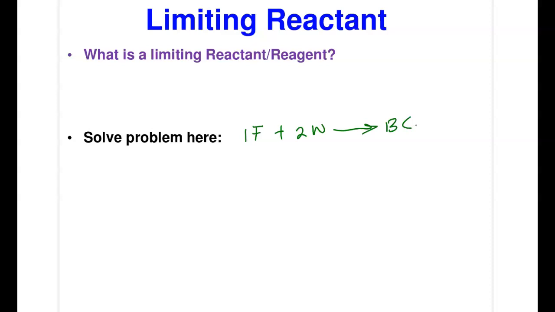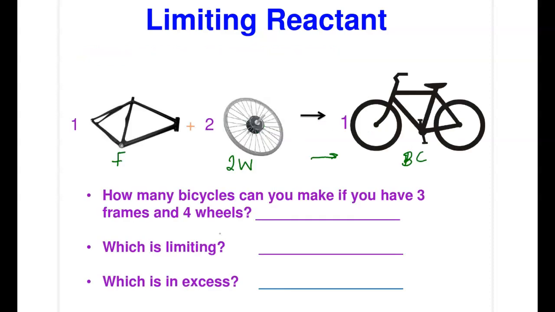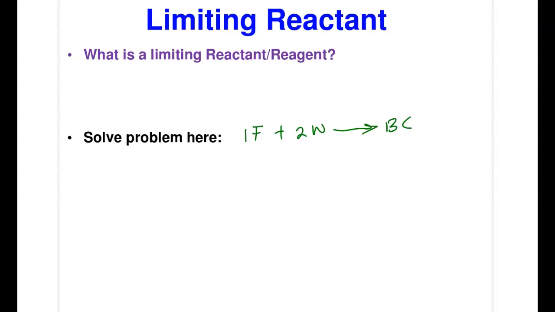The problem says, if I have 3 frames and 4 wheels, what am I going to make? First, I'm going to see how much I can make from my 3 frames. Remember how we did stoichiometry by using a conversion factor.